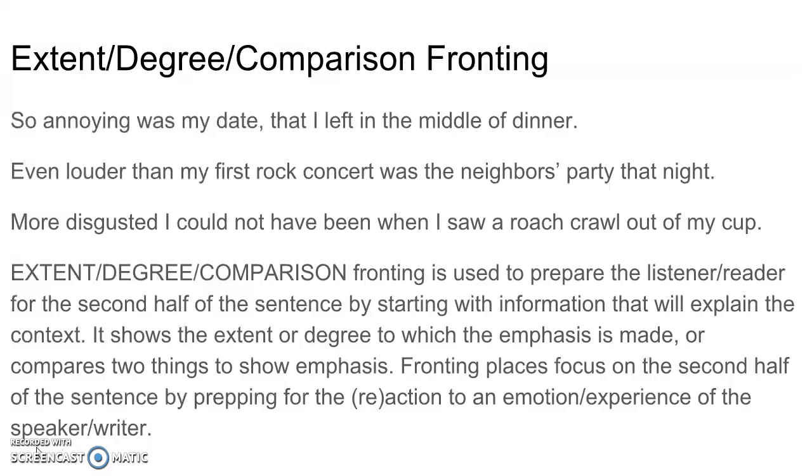So the speaker is giving a way of seeing how loud the neighbor's party was that night, which comes in the second half of the sentence. And thirdly, we're prepping the listener or the reader to understand what was going to be disgusting by starting off by saying, more disgusted I could not have been, and then something gross is coming, which is prepping the person in advance.